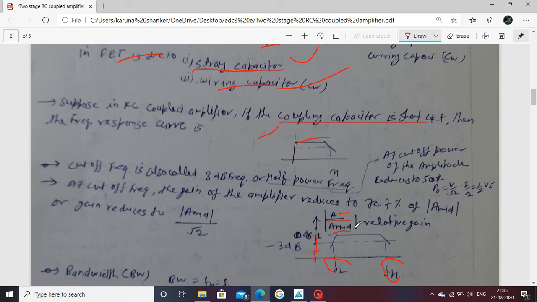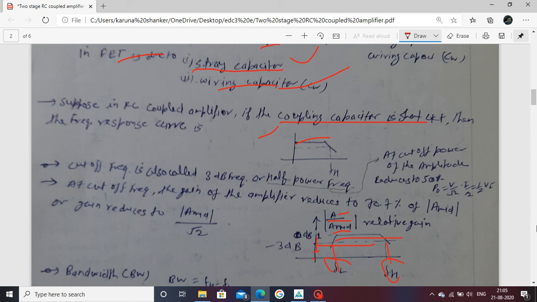If you go for the dB calculation, this one comes to minus 3 dB, which in negative point means 1 upon root 2. The range is FL and FH.